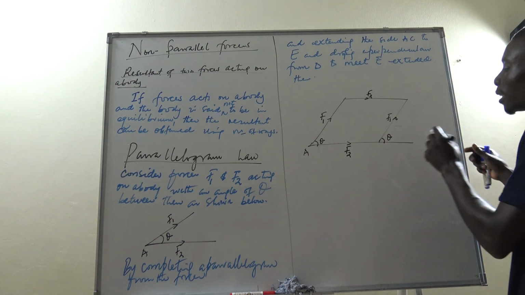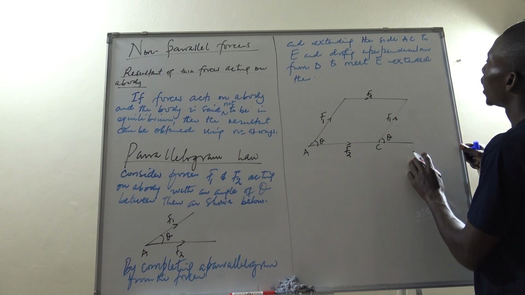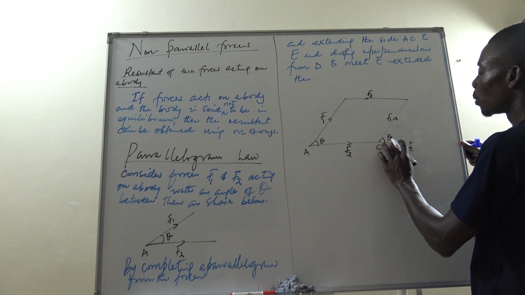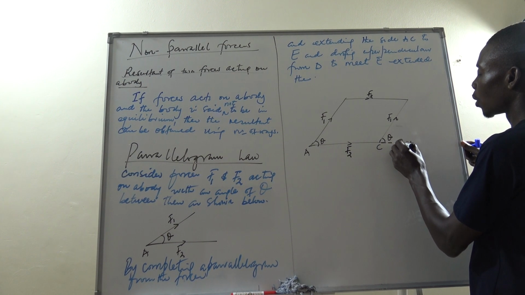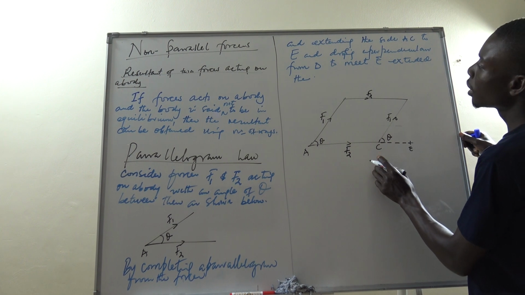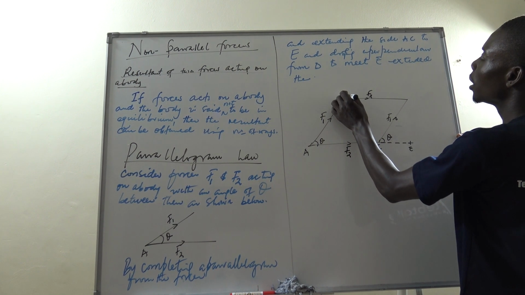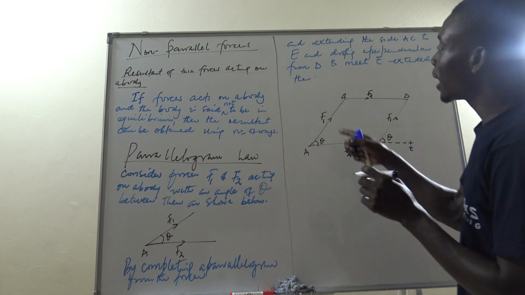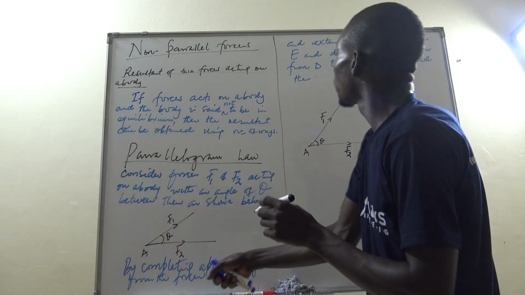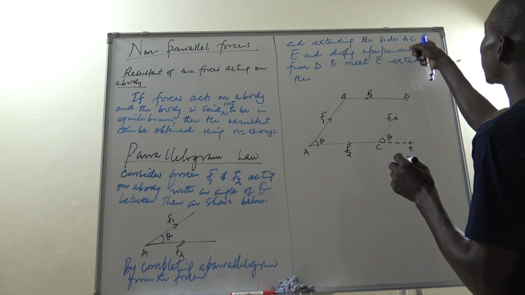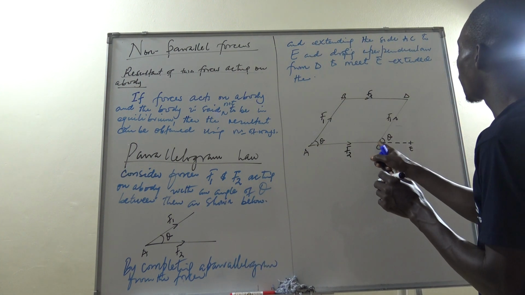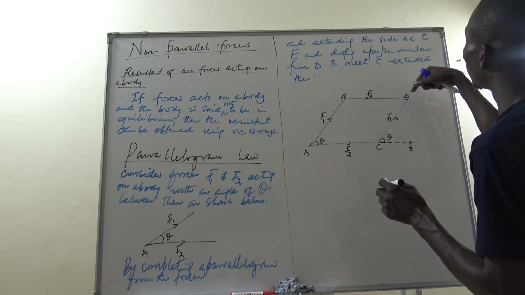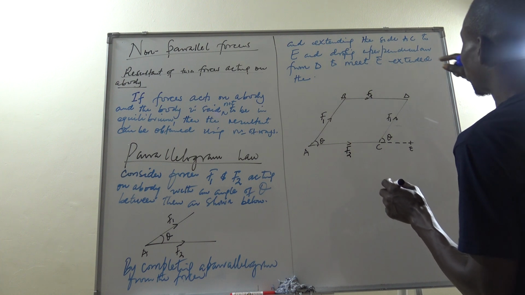Extending the side AC, this is C, and then to point E, this will be extended now. I can dot it, okay? And now this one is B and then D. Isn't it? So they're saying that completing the parallelogram from the forces, the side AC should be extended to E, and dropping a perpendicular from D to meet E extended.